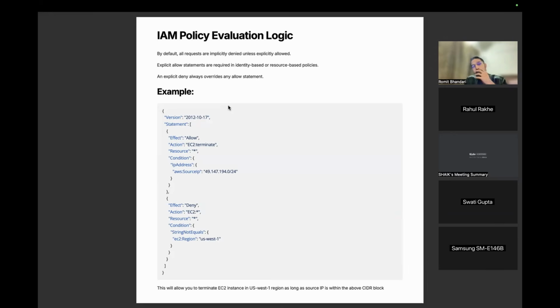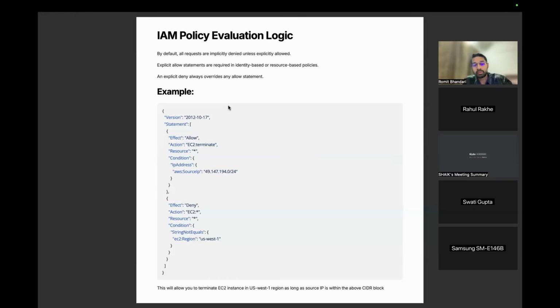So here you see the first allow action is EC2 to be terminated on all the EC2s with source IP in that CIDR block.